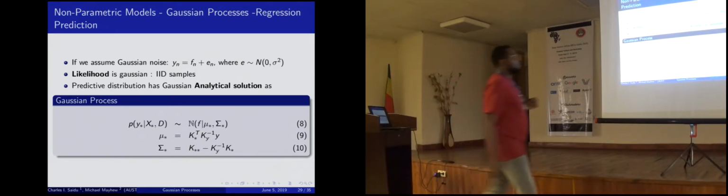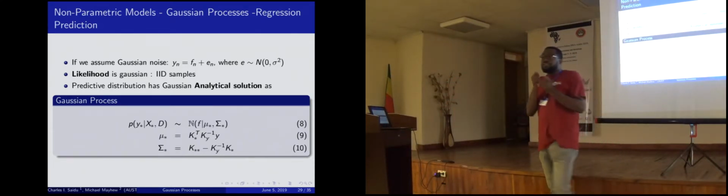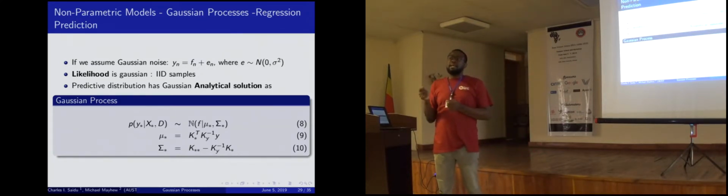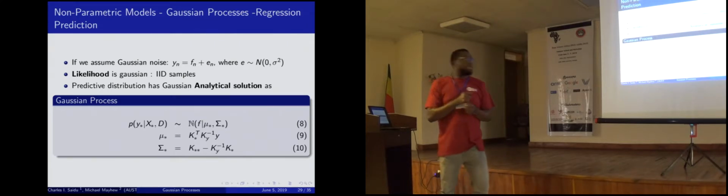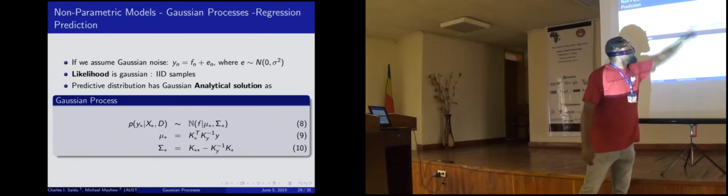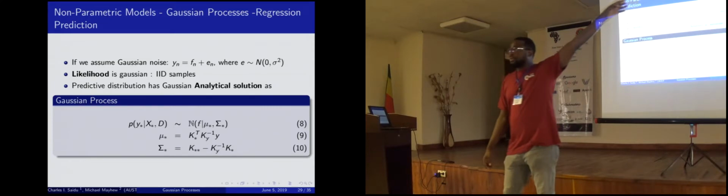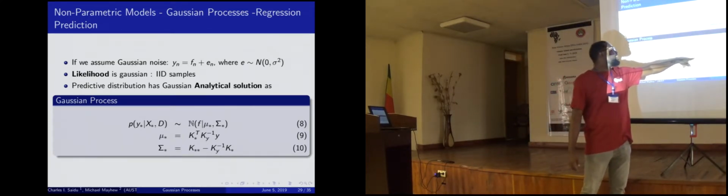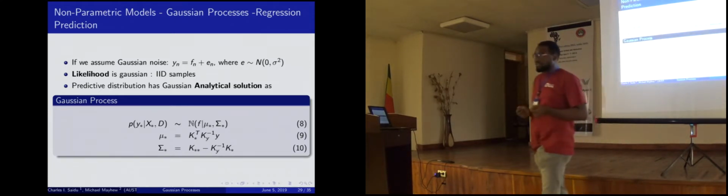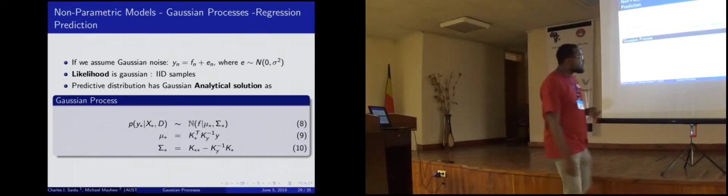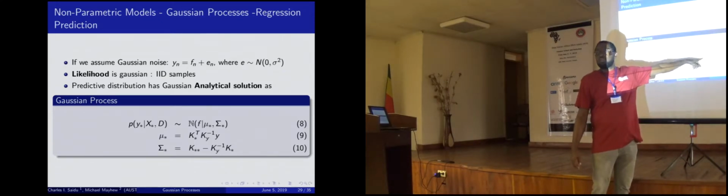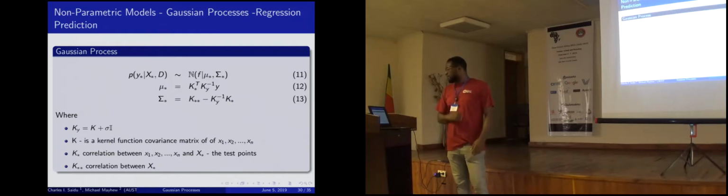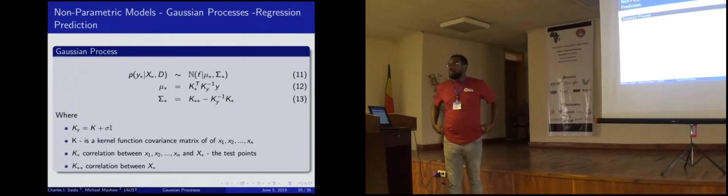Ky is the covariance matrix plus noise times the identity matrix. And of course, y is all your y values that you have here. Similarly, this is equal to the covariance between the test sets, minus this term, inverse, times K star. And this is the detailed definition of that.